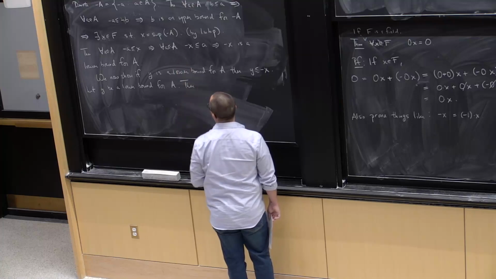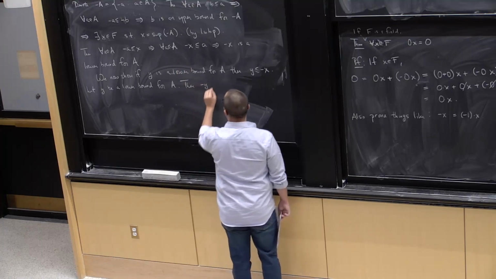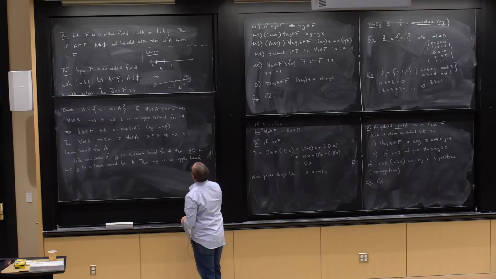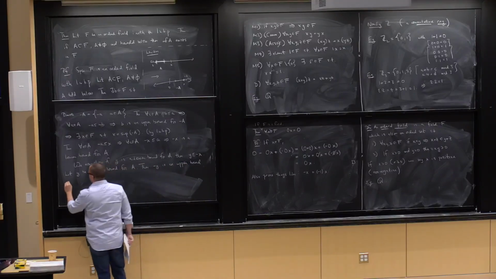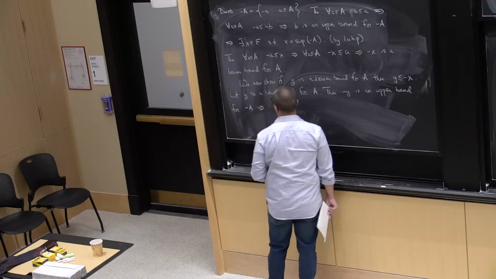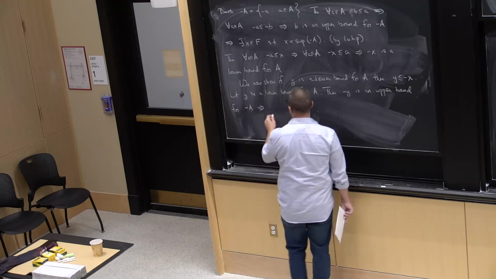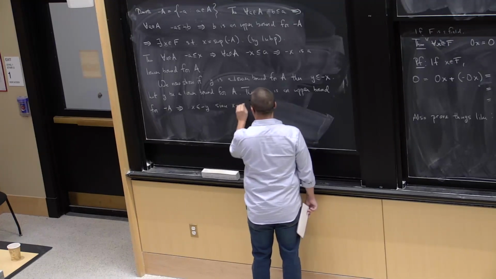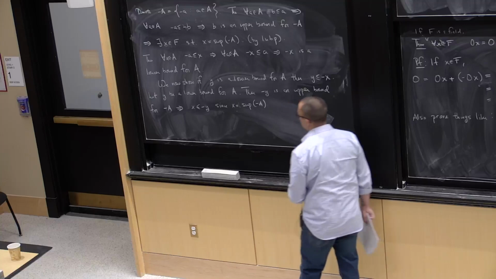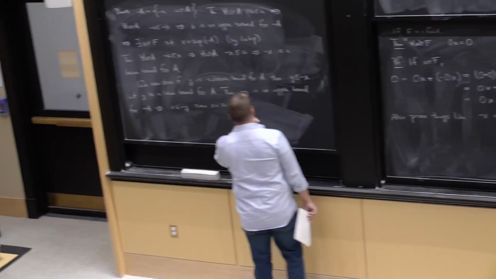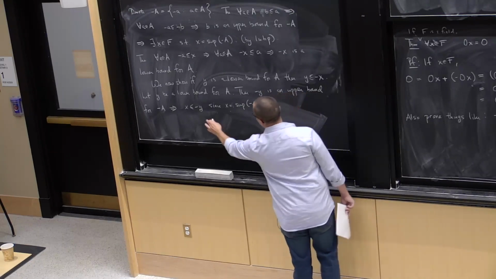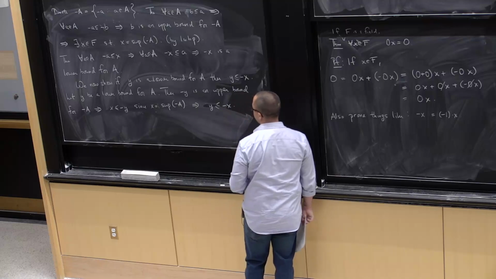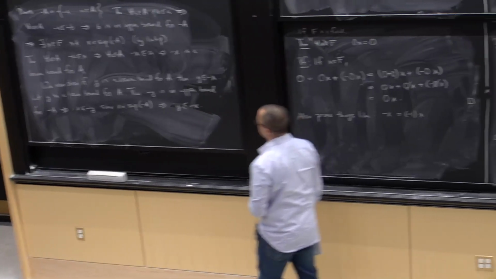Just go through the argument and replace B with Y. Then minus Y is an upper bound for minus A. Since X is the supremum of minus A, it's the least upper bound, so it has to be less than or equal to minus Y. And flipping the inequality again means that Y is less than or equal to minus X. Okay, which is what we wanted to prove.